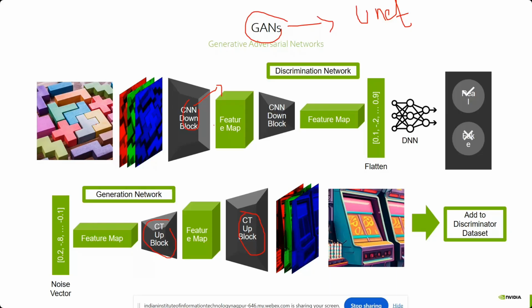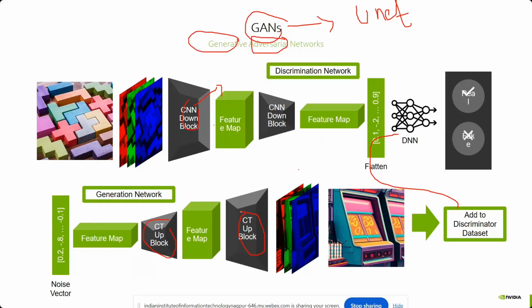Here in the generative network, you give the generated image to this classification network. Both generator and discriminator are fighting with each other, trained in an adversarial manner.